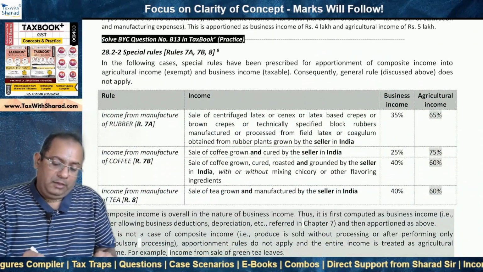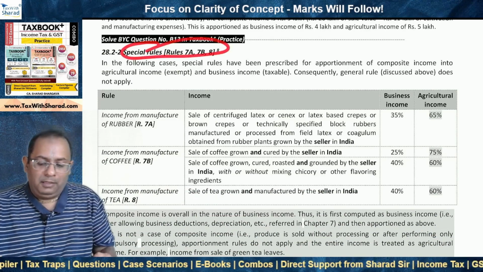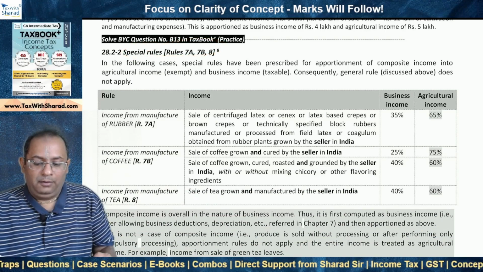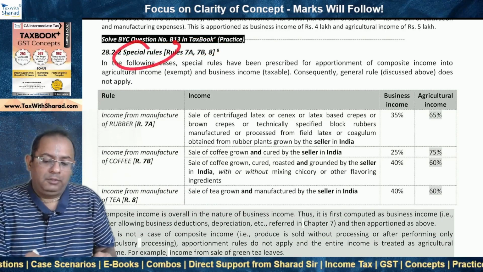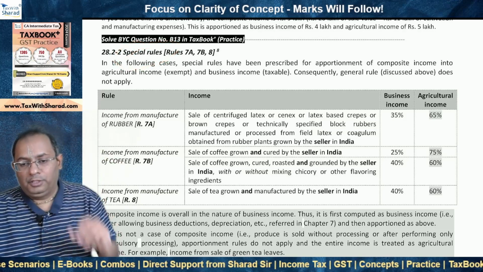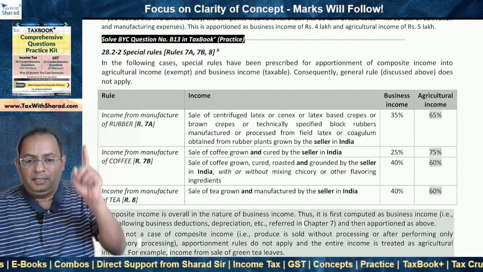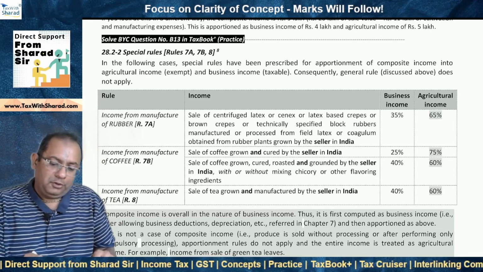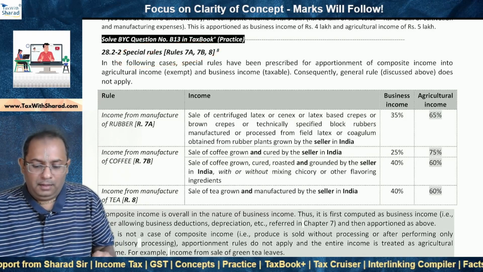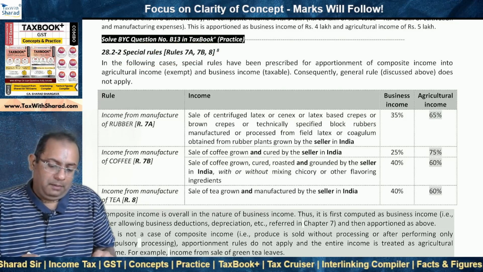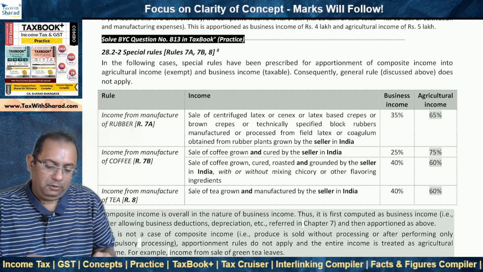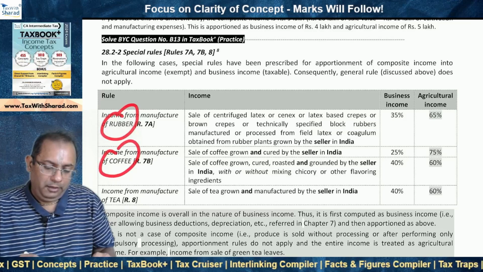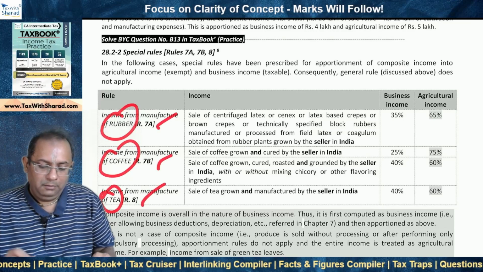Now we saw that special rules are applicable, rule 7A, 7B and rule 8. Now, if special rules apply, we should not apportion the composite income as per the general rule under Rule 7. Okay, we should go by the special rules. And special rules have been made for income from manufacture of rubber, manufacture of coffee, and manufacture of tea, Rule 7A, 7B, and 8.